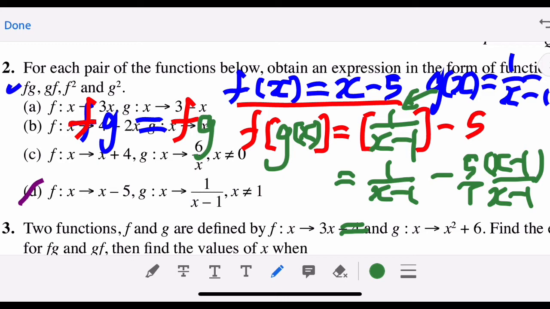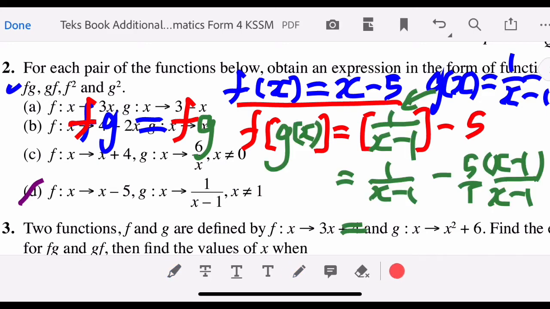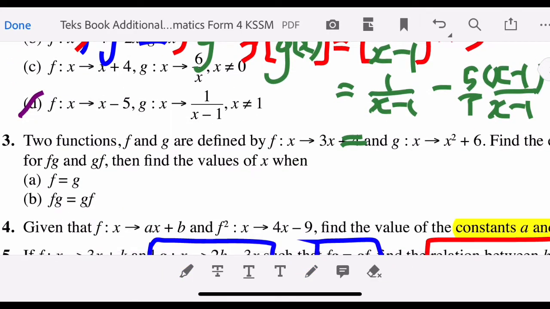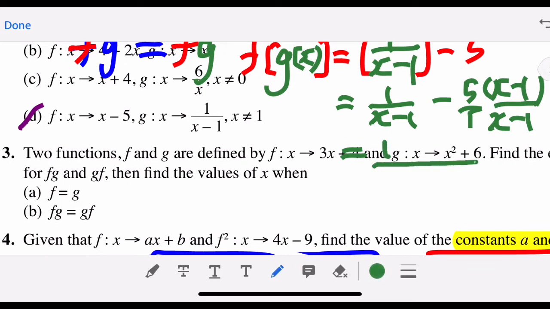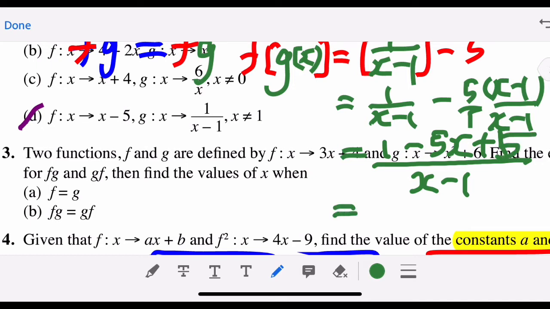Alright, so if I simplify the answer, I will write like this. This is 1 because the denominators are the same. So 1 minus 5x plus 1, right? Finally, you will get the answer, which is plus 5. Sorry, that is 5. So your 1 plus 5 will be 6 minus 5x over x minus 1.